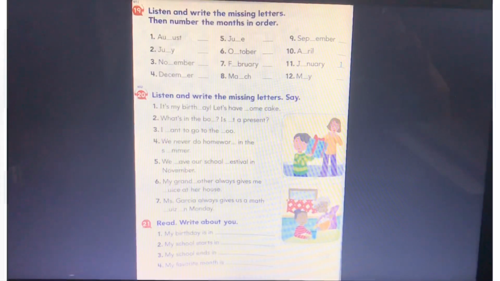Is it a present? 3, I want to go to the zoo. 4, We never do homework in the summer. 5, We have our school festival in November. 6, My grandmother always gives me juice at her house. 7, Miss Garcia always gives us a math quiz on Monday.